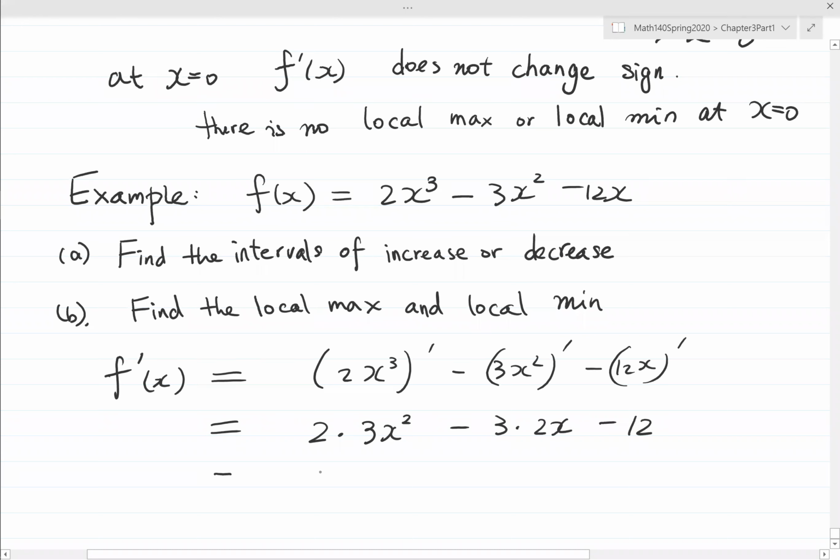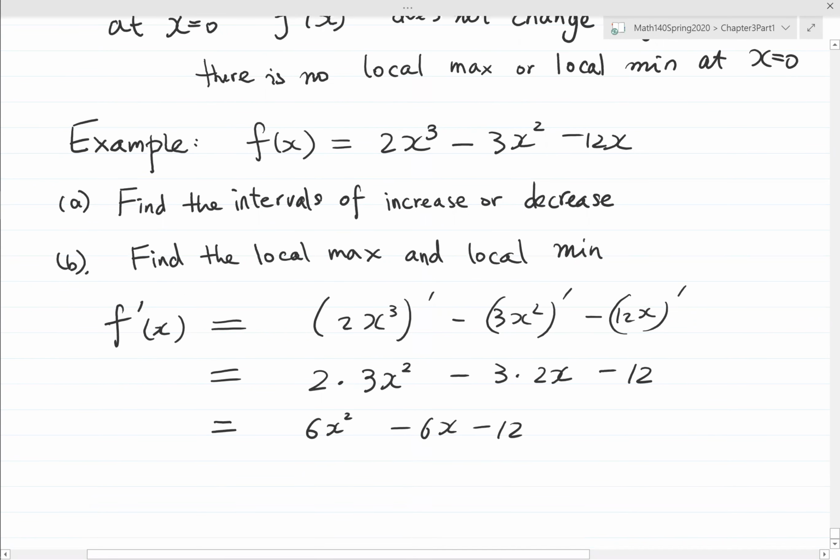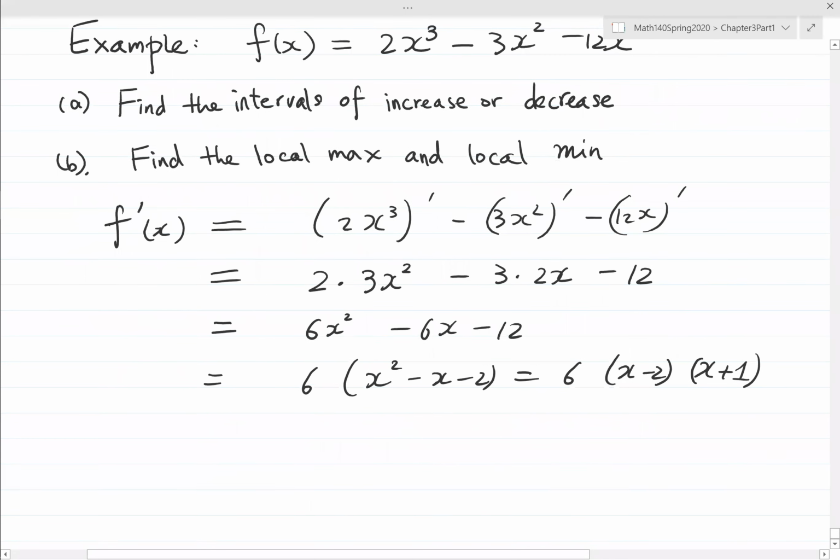So this is 6x squared minus 6x minus 12. Factoring out 6, this is 6 times (x minus 2) times (x plus 1). The factor is quadratic.